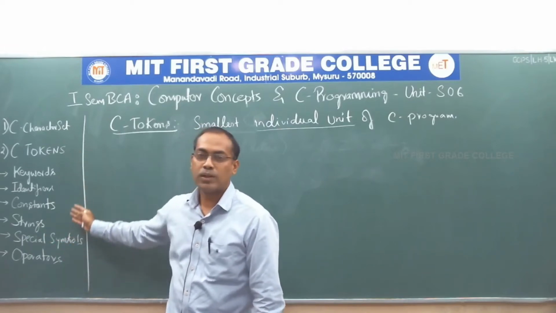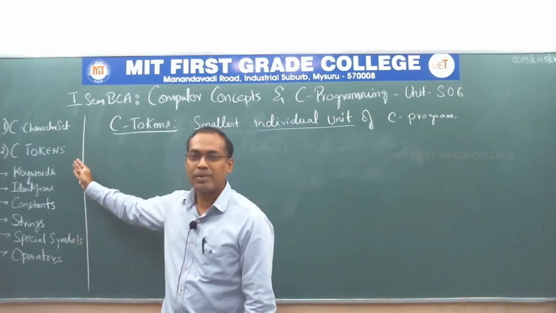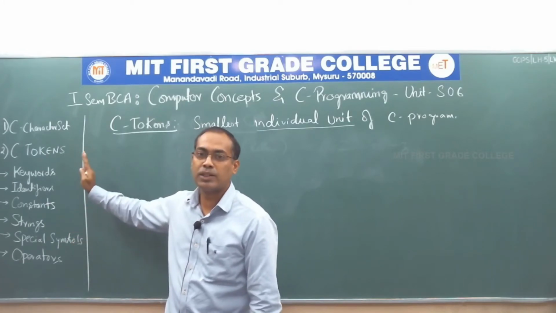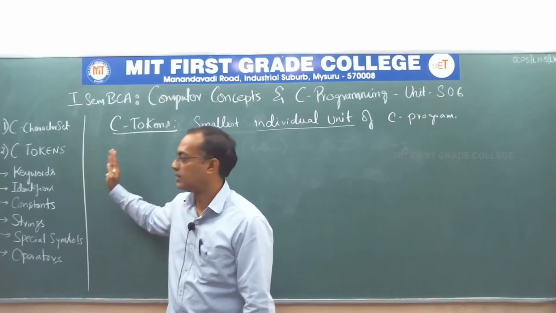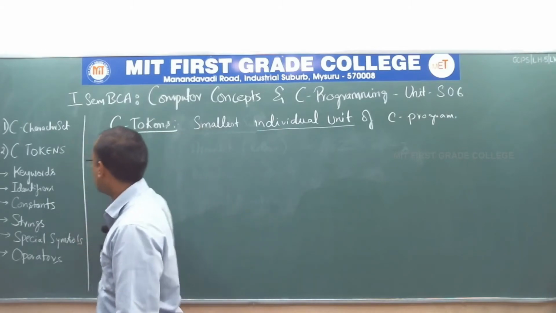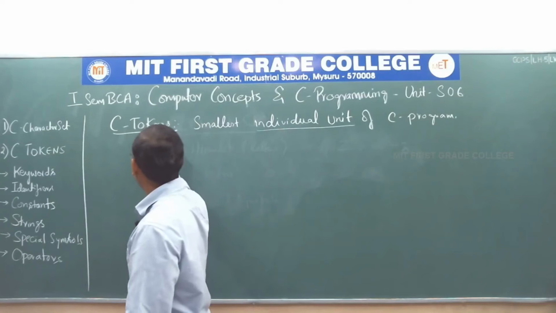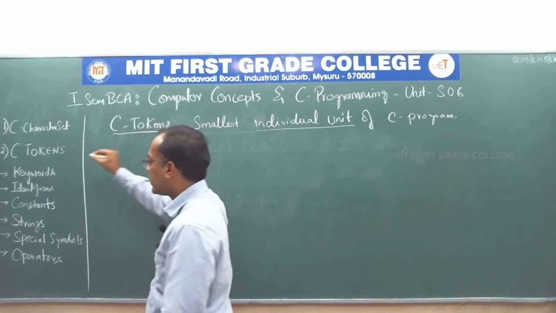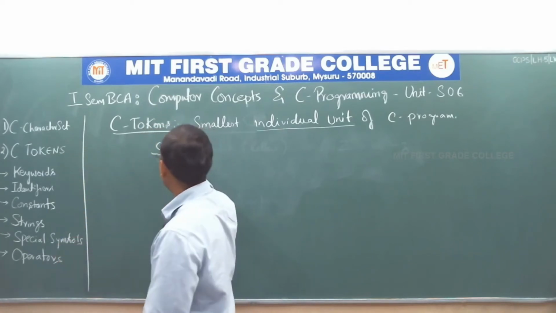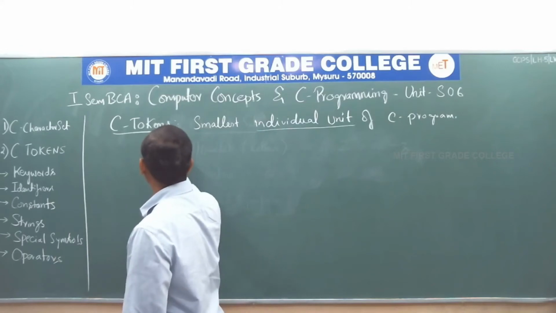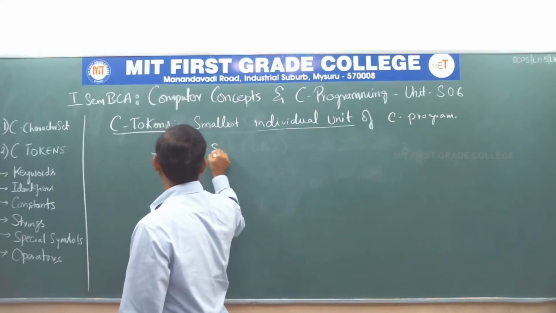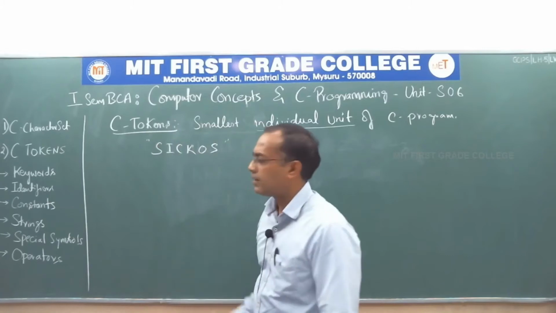Students, you need to concentrate on this topic very much because it is a preferred question in all the question papers. Okay? So how to remember all these things? What you do is, I have written the first alphabets of the C tokens. SICKOS. You just remember SICKOS.